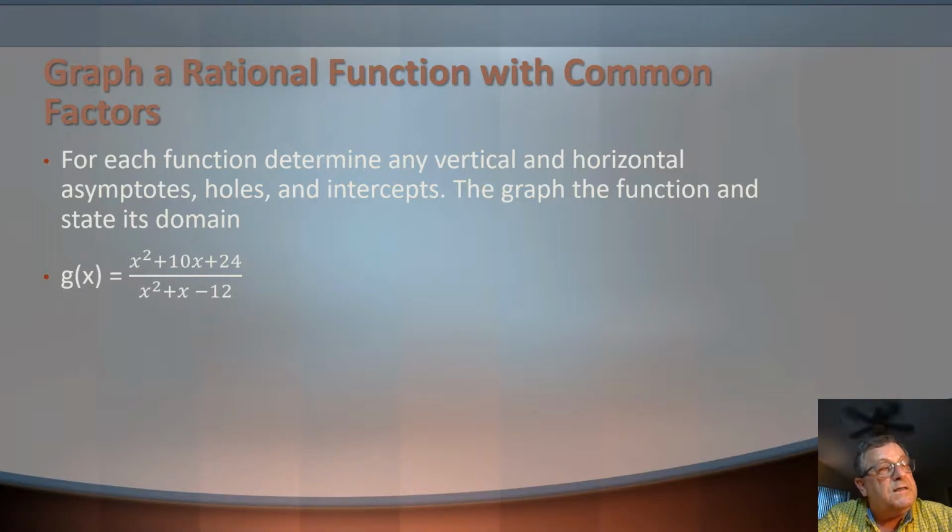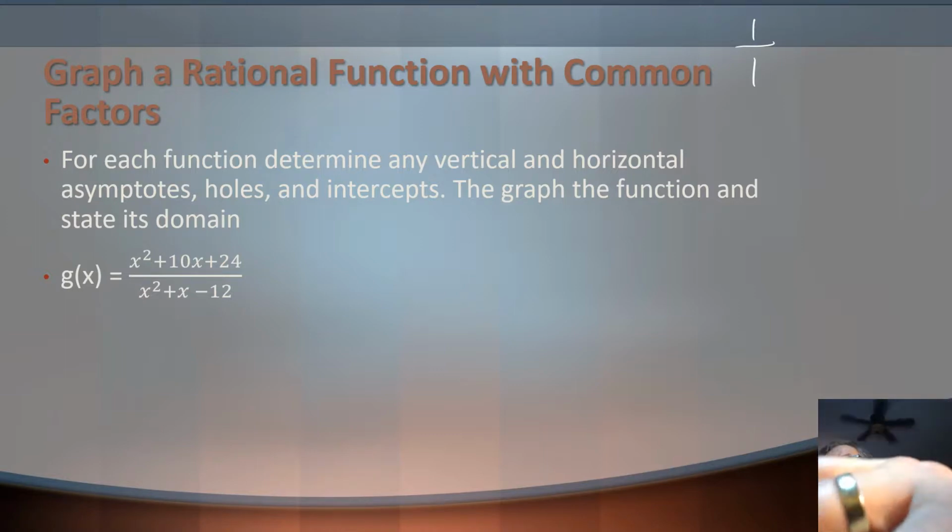And when the degree is the same, the horizontal asymptote can be determined by the ratio of the coefficient of the term in the numerator divided by the coefficient of the term in the denominator. And of course, in this case, it's just 1 over 1, which equals 1.